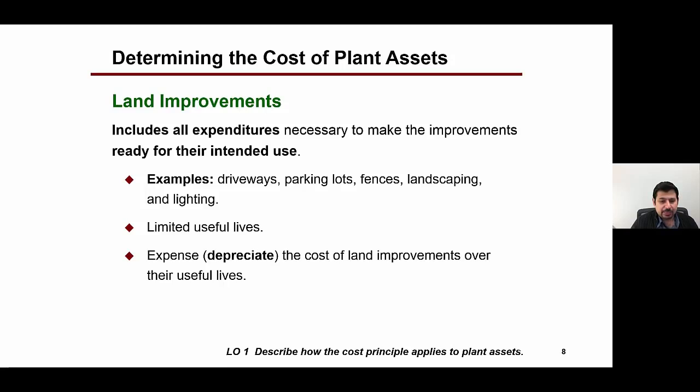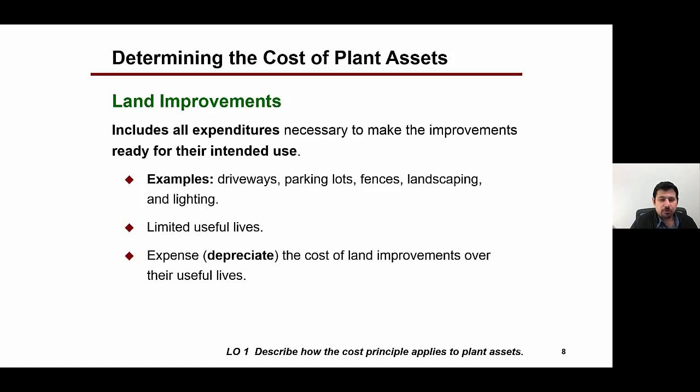Land improvements would include lighting the land, installing some fences, pavements, etc. And because these have a limited useful lifetime, after a certain while you will need to repaint and fix the lightings and landscaping and fences, etc. The company will have to depreciate land improvements over the useful lifetime.